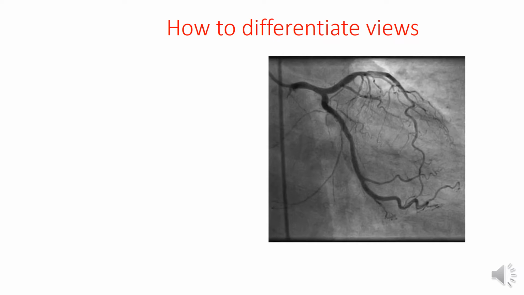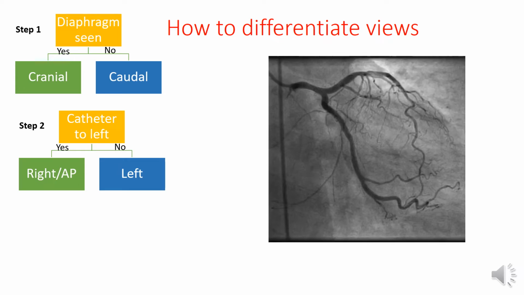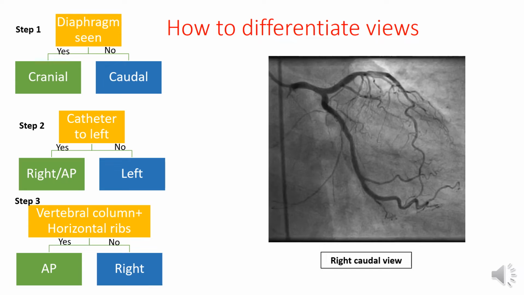Another example, here we can see the diaphragm, so this is a caudal view. The catheter is on the left, so it is right cranial or right caudal or epicaudal view. We can see the vertebral column and the ribs are oblique, so this is a right caudal view.